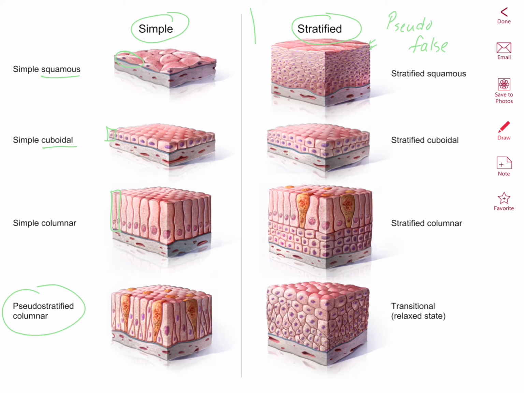And when we combine these two types of classification, we generate these types of tissue. For example, we have the simple squamous, simple cuboidal, or simple columnar in the simple area, or the stratified, remember, is 2 or more. So we have stratified squamous, stratified cuboidal, and stratified columnar. And we're always going to name the tissues based on the first layer. The first layer is going to give you the name.